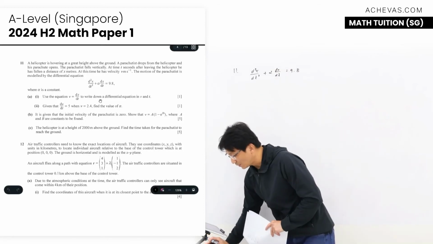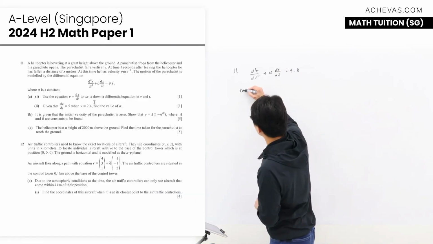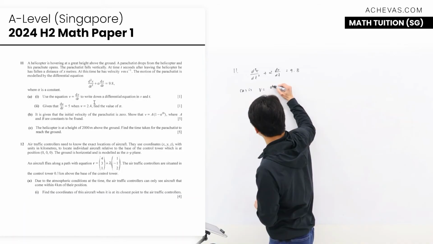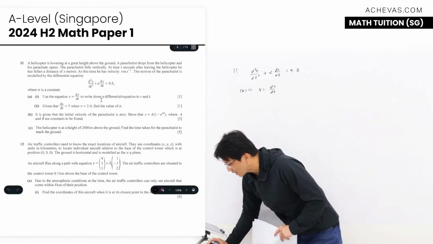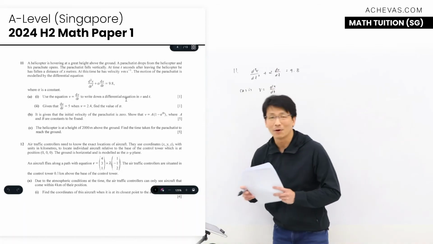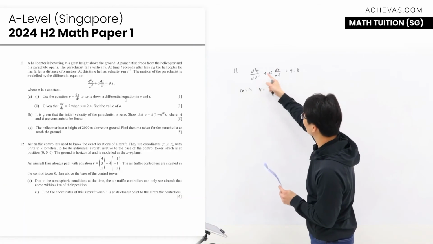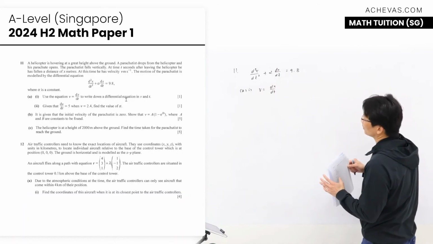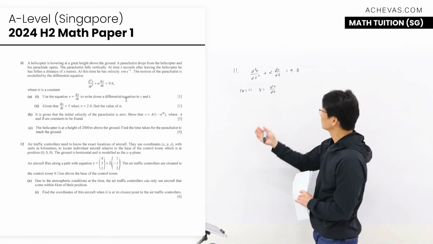And we are also given that for part A, part 1, v is equal to dx/dt. And we are supposed to write down a differential equation involving only v and t. So I think I'm supposed to carry away the x here. I think we are going to start off by doing a differentiation of this one with respect to t first.